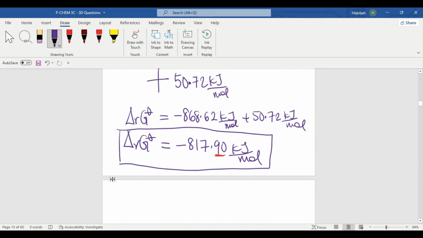I think part of the reason why people are using the absolute value, personally, is because they're asked to calculate the maximum non-expansion work per mole, because it's a non-expansion work and the reaction is what is creating the work through the fuel cell. Maybe that's the reason why our value is negative, because work is negative when the system is doing the work and it's positive when the surroundings is doing the work.